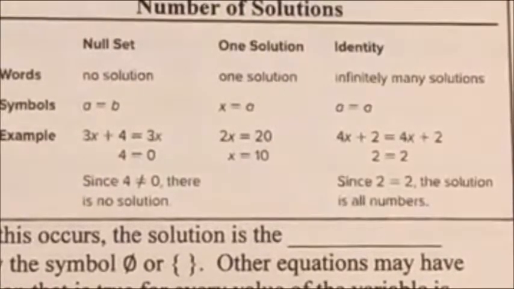Okay, so there's 3 different types: the null set, one solution, or the identity. An identity looks like you have 2 numbers, like 2 equals 2 or 3 equals 3, something that you know will always be true. So anytime you plug in a number, it will always equal that other number on the other side of the equation.